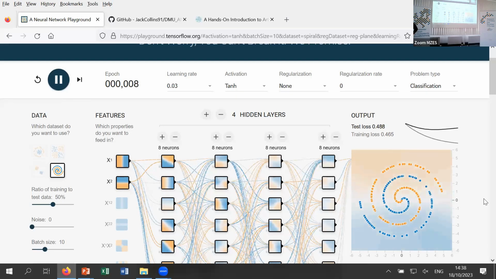Get that? You might not have noticed this, but that epoch number is going up a lot more slowly now. It's going up a lot more slowly because it takes longer to do one round of training, because it's got more computations to do, because it's got more neurons and more layers. I guess this could take a while.